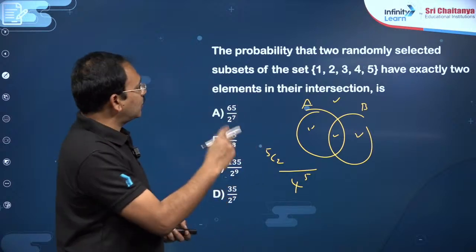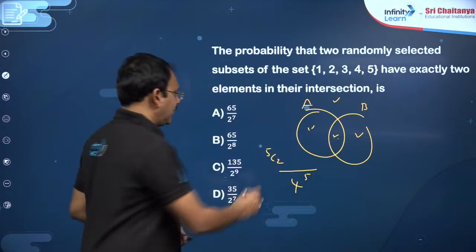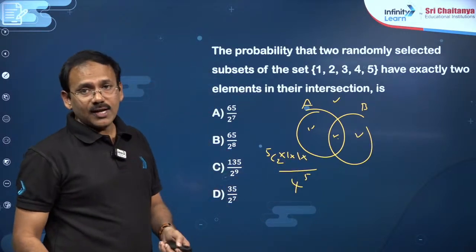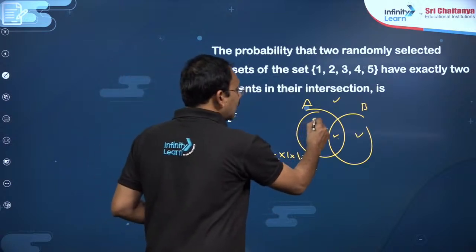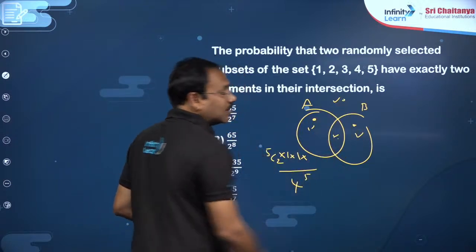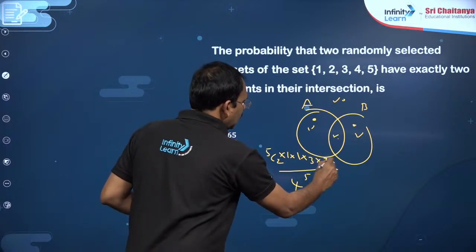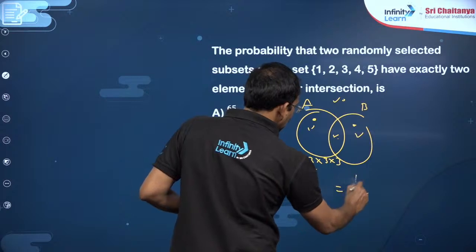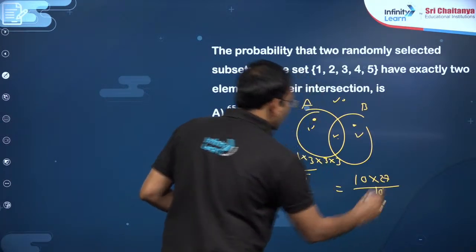Those 2 elements, suppose 1 2, must go in the intersection only, one possibility. Then, my dear friends, you are left with 3 more elements. These 3 elements can be anywhere: only A, or only B, or outside, but not the intersection. So 3 possibilities each, you will get 3 into 3 into 3, my dear friends. So you can say 5C2 is 10 into 27 by 2 power 10.